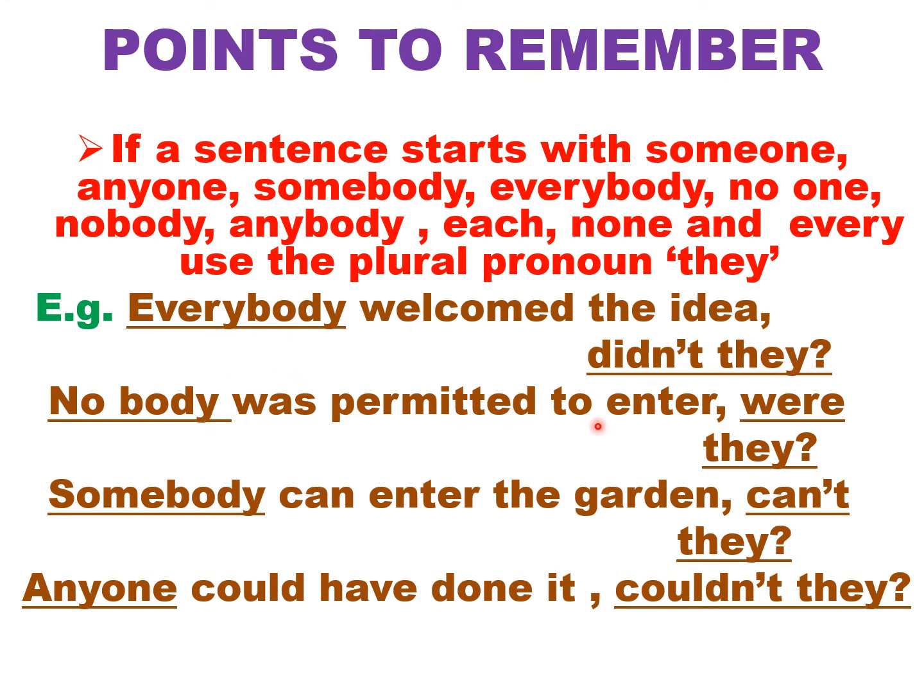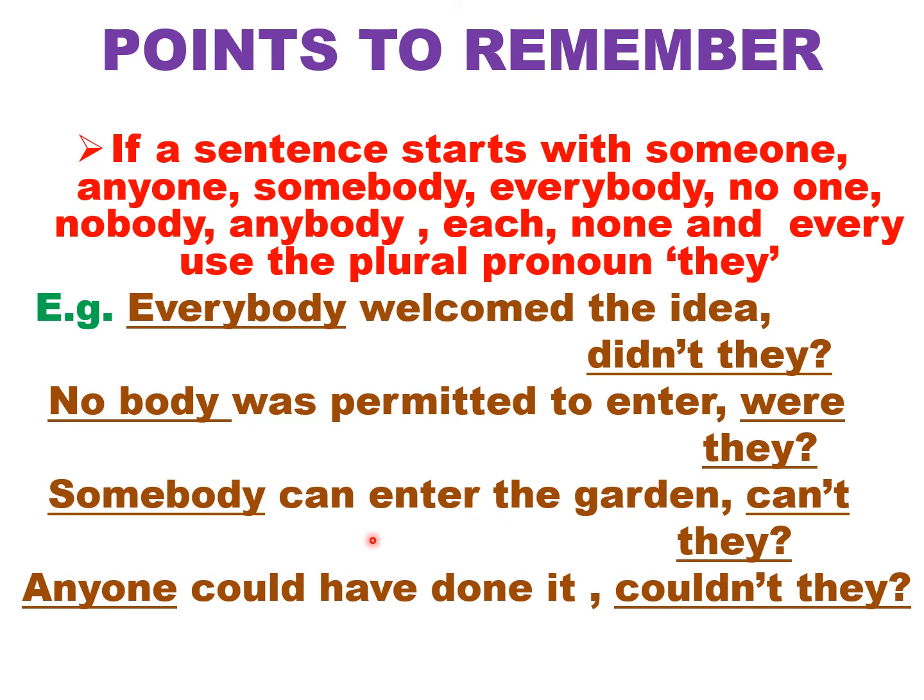Nobody was permitted to enter. Nobody, so this is a negative sense, so we must use a positive tag. Instead of was, we must use a plural verb here, were. Instead of nobody, we must use the pronoun they. Were they. Somebody can enter the garden.